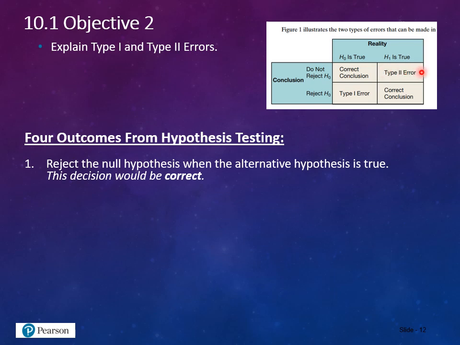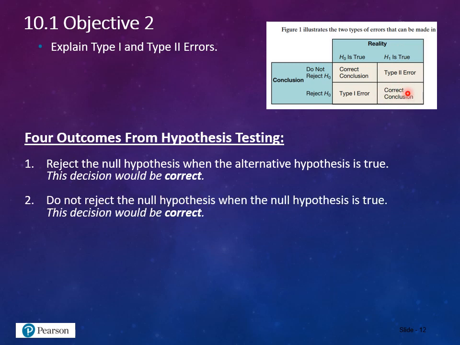This is reality, so this is the null. We reject the null when the alternative is true. Reject the null when the alternative is true is the correct conclusion. That's here at the bottom right.